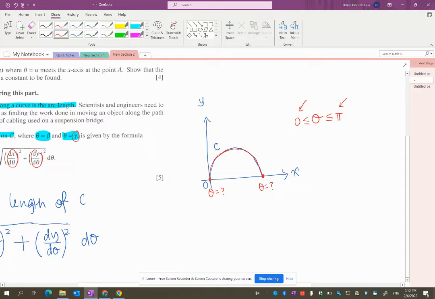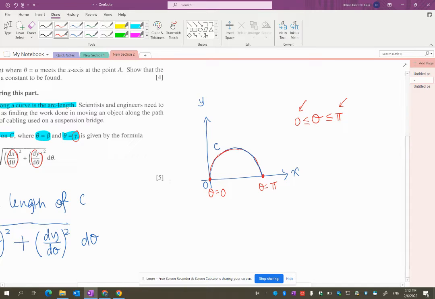So you can pick up your GC and do a quick check. Use trace. You see that this point here is where theta is 0, and the end point of the curve is where theta is 3.14 something, which is pi.